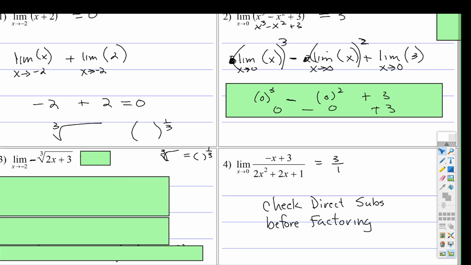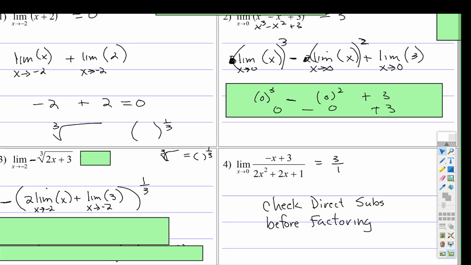Well, first of all, let's do direct substitution. We'd put a -2 in there. Well, 2 times -2 is -4, plus 3 is -1. The cube root of -1 is -1, but there's a negative sign on the outside, so that answer is going to be 1.